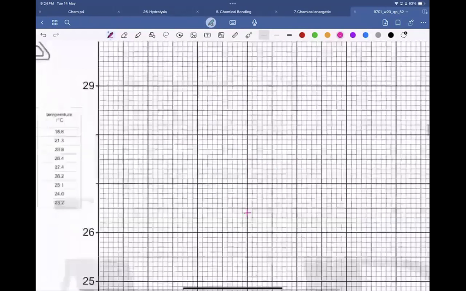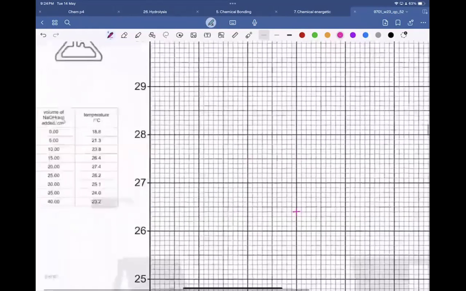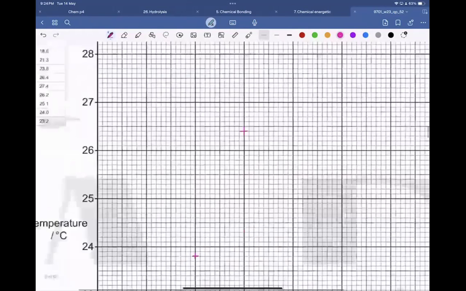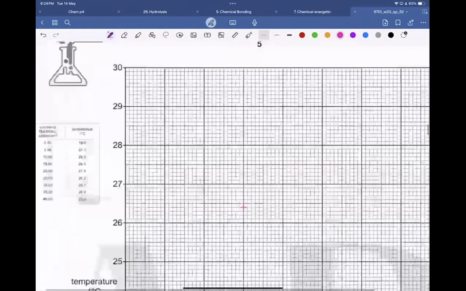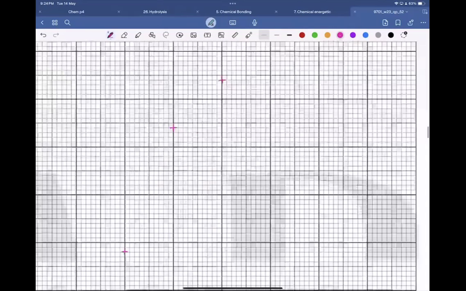So 27.4 must be this. Then at 25, it's 26.2. So it is going to be this. Then at 30, 25.1. So 25.1 is going to be this.